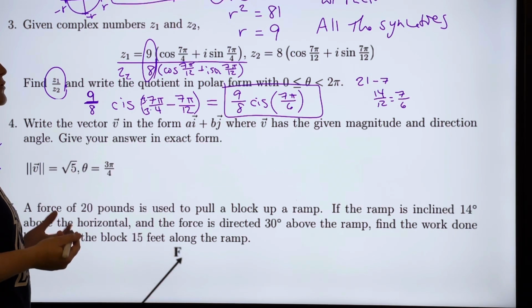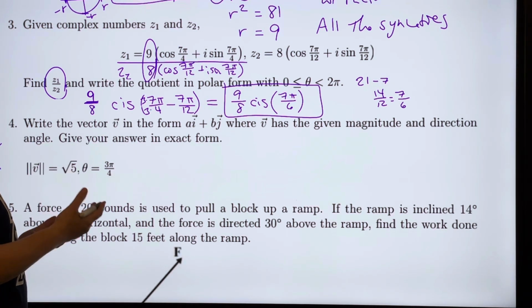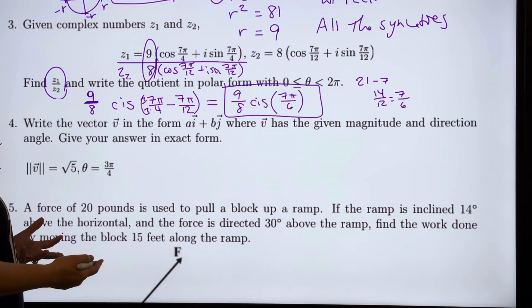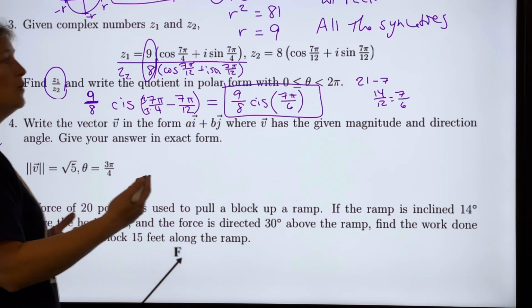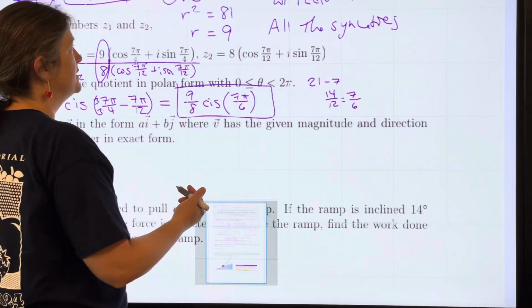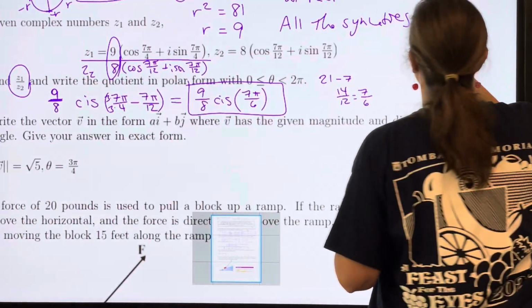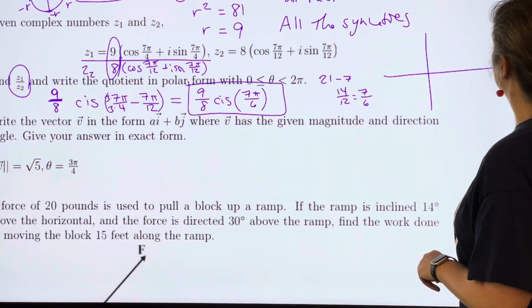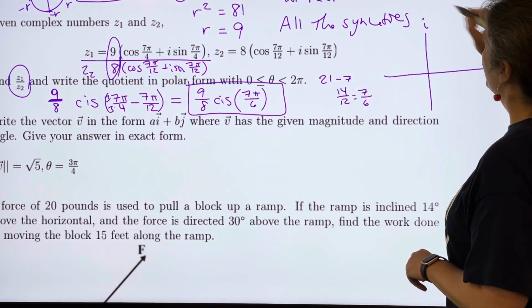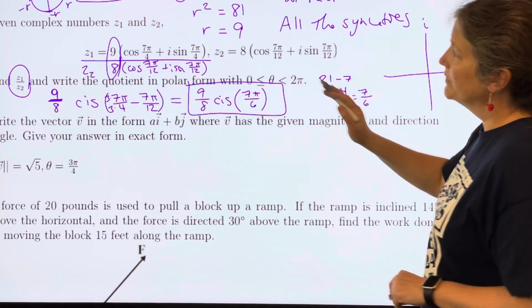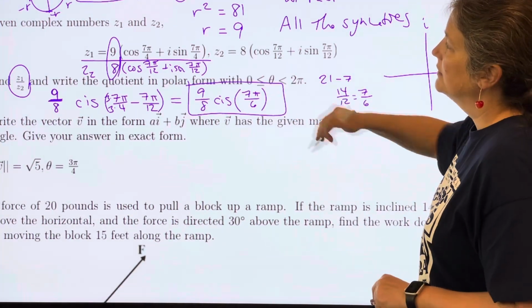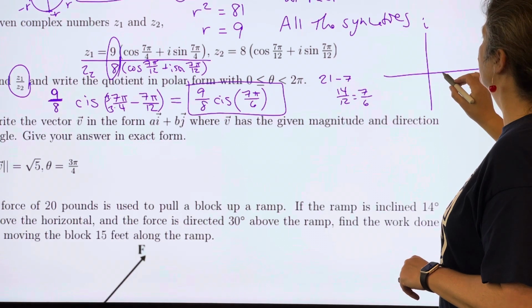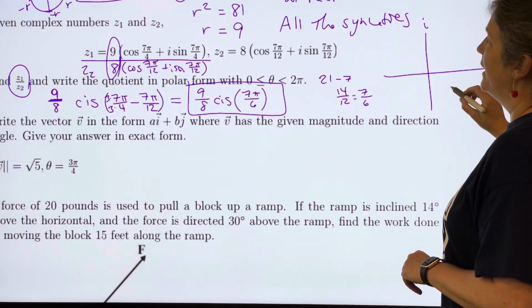Now, I'm not asking you to plot these, but you know that you can plot complex numbers in polar form or in rectangular form. So let's do that as a little practice here. If I was going to plot, this is my real axis, this is my imaginary axis. So I'm going to plot 9 cis 7 pi over 4. I'm going to go around 7 pi over 4, that's to here, and out by 9.